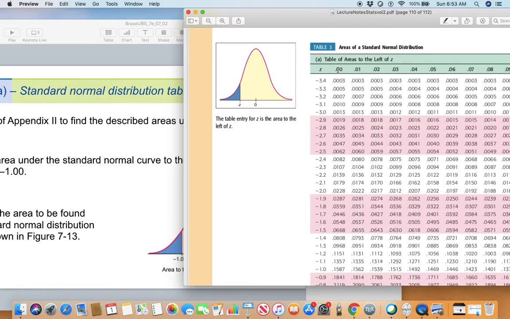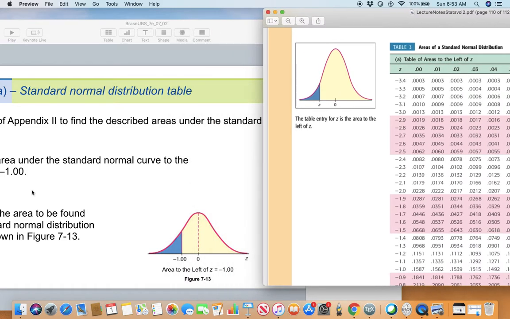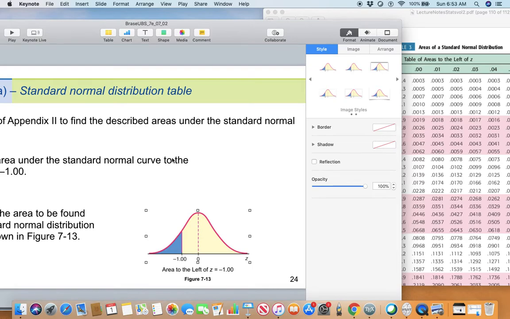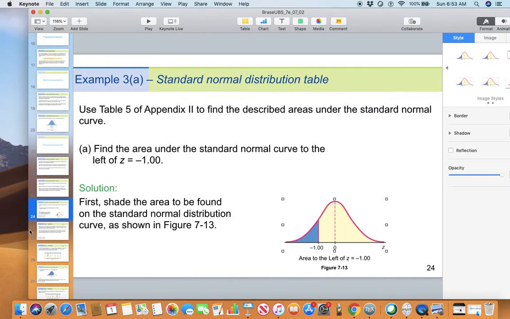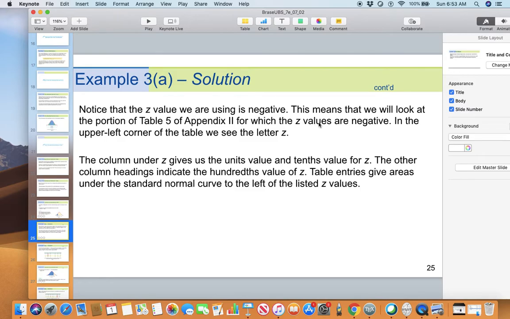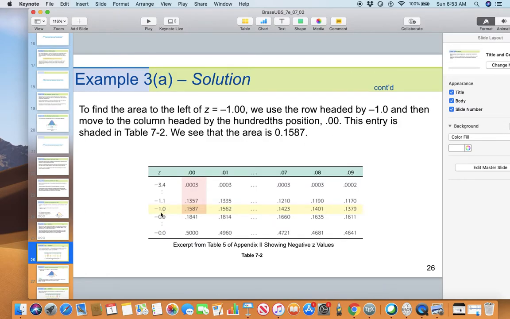Negative 1.0 is nothing but negative 1.00. This would be negative 1.01, 1.02. I don't need any of that. I would simply want negative 1.00. So that's the number you're looking at. Okay, that's the area. All right, the column under Z, exactly what we spoke about, negative 1.0. That's the area we are looking for.